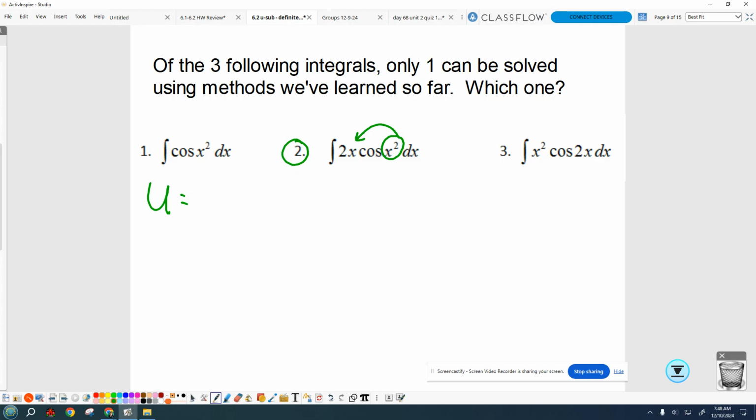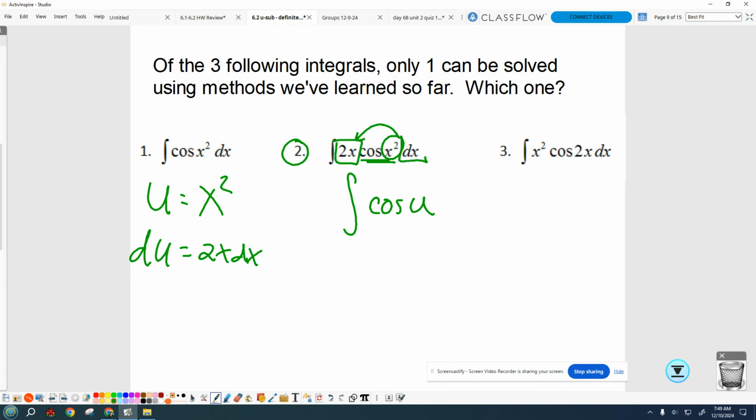Well, the derivative of x squared is 2x, so yeah, the u value is the argument of that cosine. In doing this u substitution, let's translate everything. So this becomes cosine of u, and I have left to translate 2x dx, which is exactly du.